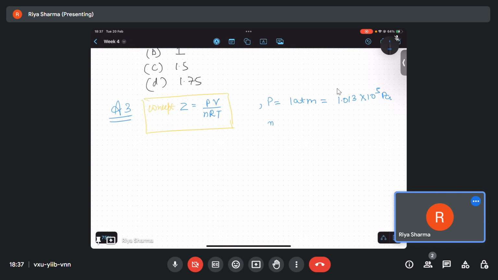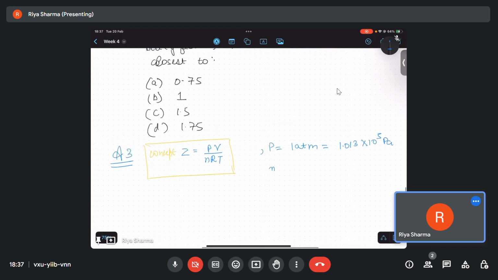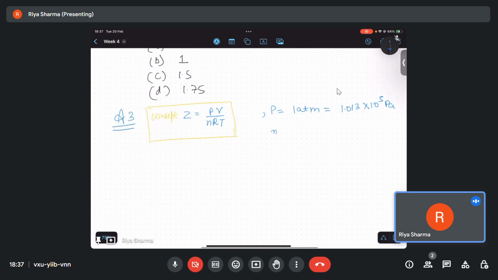And molar density, it has been given to you as mole per meter cube. You already know the value of R, which is equal to joule per mole Kelvin. Boiling point it has said, so T equals 100 degrees Celsius, which will be 373 Kelvin.